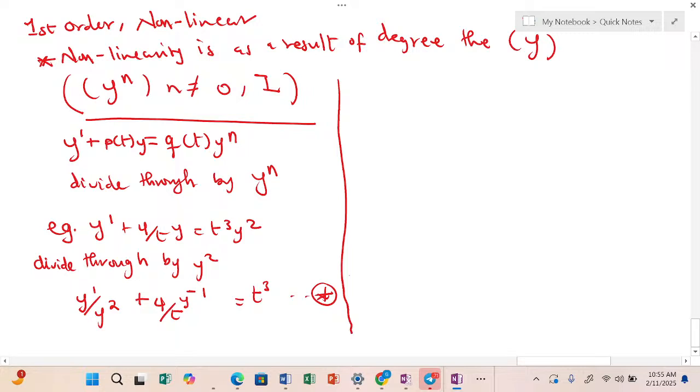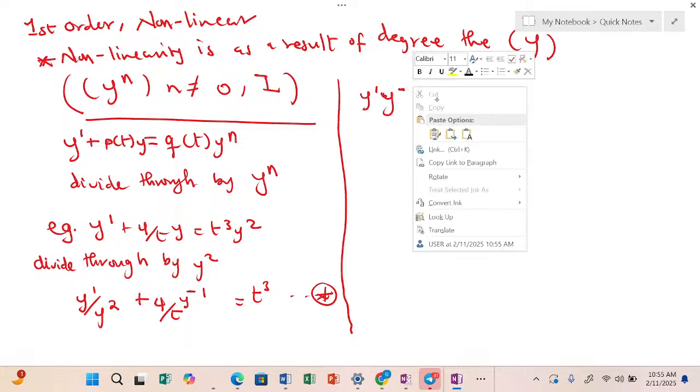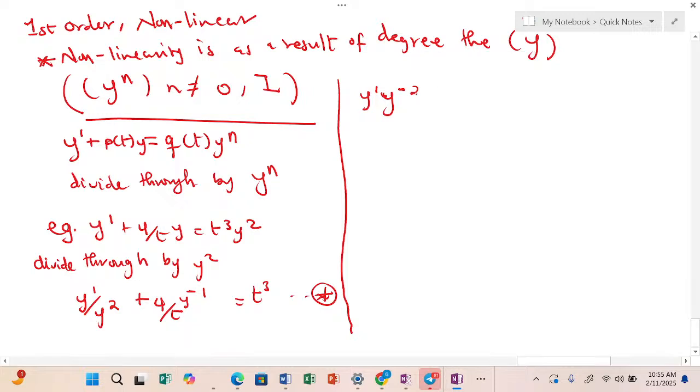Bernoulli says we effect a substitution. But before that, we could rewrite this equation in this format: y prime times y to the power negative 2 plus 4 on t y to the power negative 1 is equal to t to the power 3.